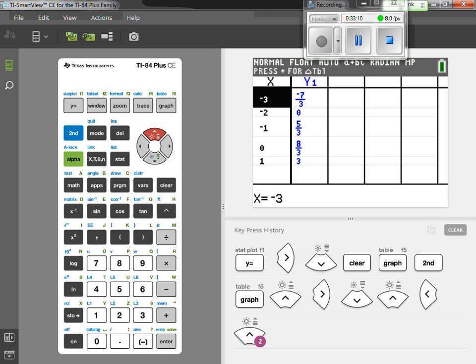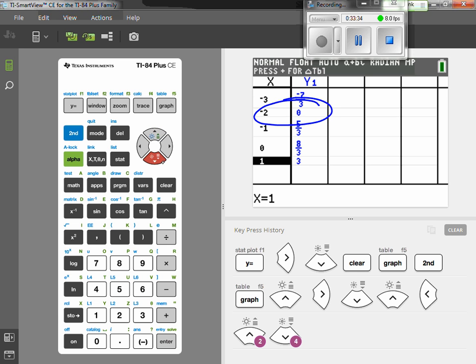Now, what we're using this for is because one of the things it asked for was the x-intercepts. And the x-intercept is the value of x where y is 0. So if we look at this here, I have negative 2, 0. So that means one of the x-intercepts is negative 2, comma, 0.